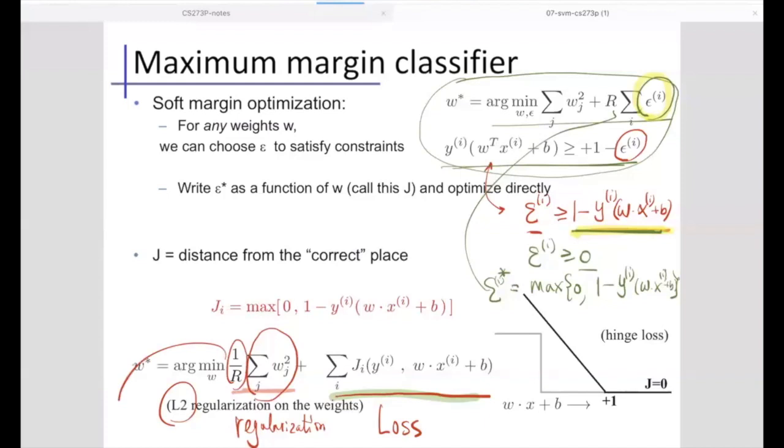Without talking about a margin, we're just trying to solve an optimization problem by formulating a loss function. It looks like the soft margin version of SVM is equivalent to minimizing this loss function subject to this L2 norm regularization, but with this type of loss function here.